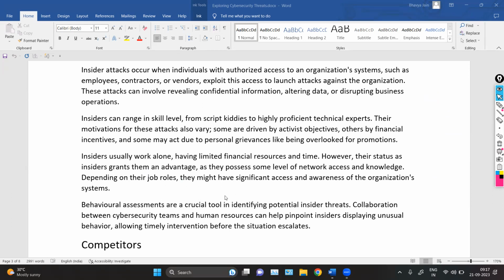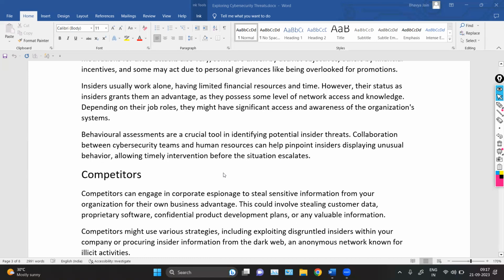Now, how can we protect our company from insiders? First, keep an eye on the persons who have higher privileges. Secondly, provide least privileges to the employees. Also, there are many tools which contain behavioral assessments, which will catch the behaviors of the employees.